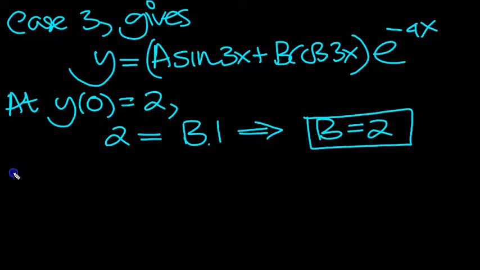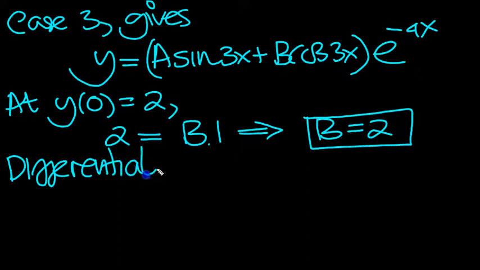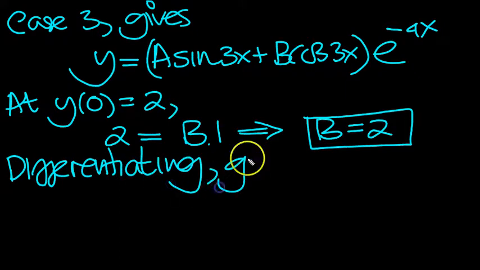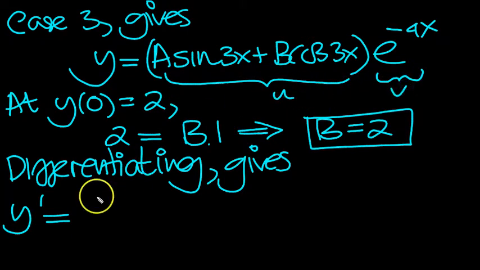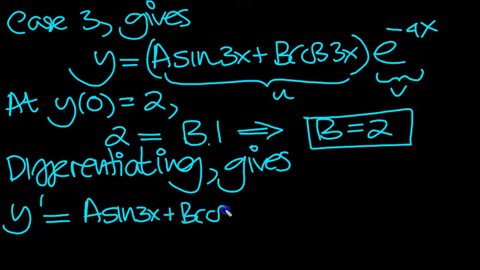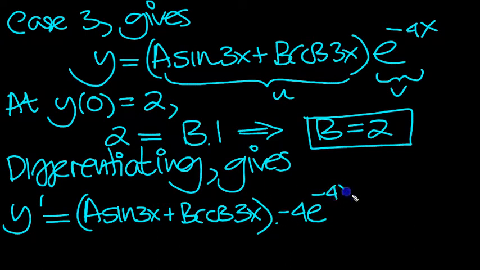Now we need to differentiate it. So differentiating then gives, okay, what does it give? y dashed. So I'll put it over here to give me some room. It's a product. This whole thing is going to be the product, u is this, and this function of a function is v. So it's u, which is that, times dv dx, which is the minus 4 comes down, e to the minus 4x.